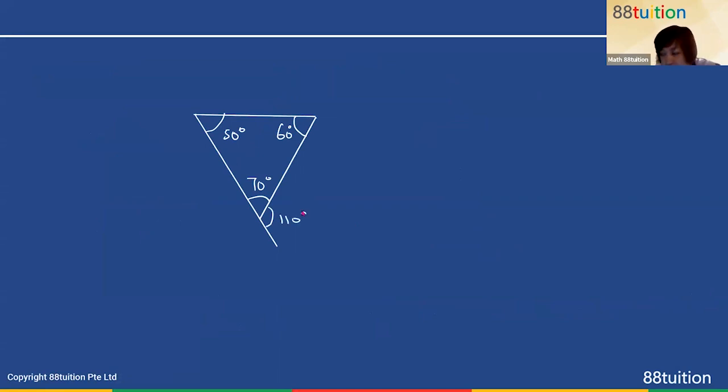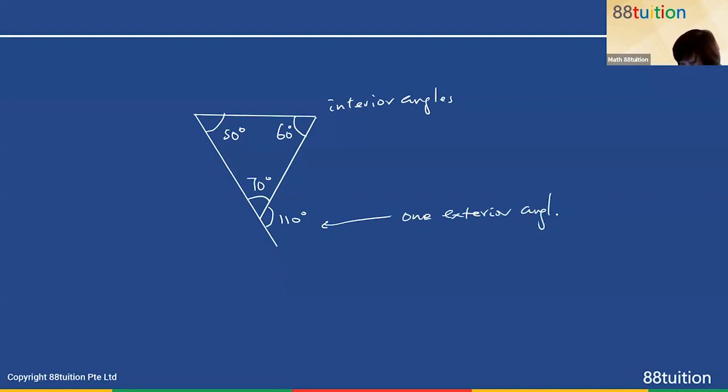So what happens here is, you see, the size of the angles in this triangle add up to be 180. We call them interior angles, right? Do you notice that there's one exterior angle outside the triangle?